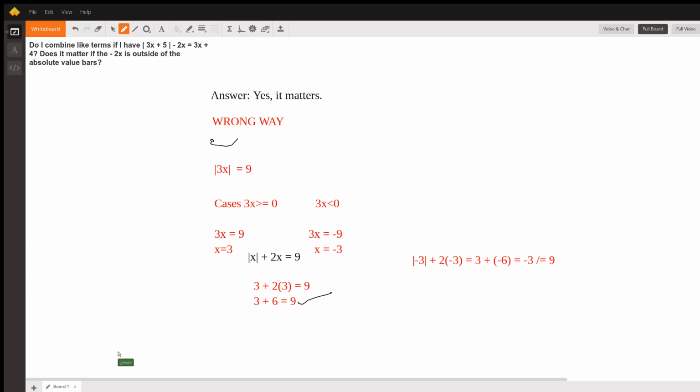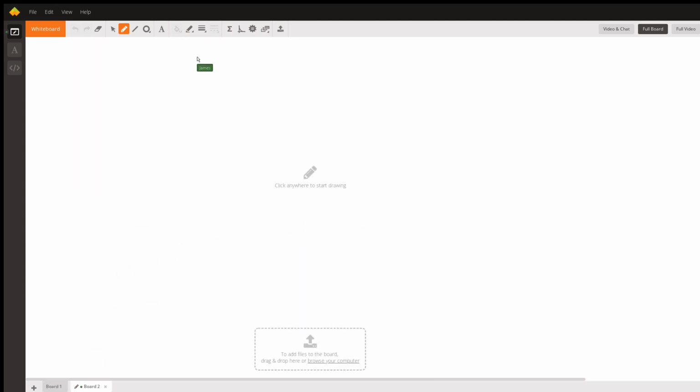Okay, now let's make another board, and we're going to do it the right way this time. So let's do the absolute value of x plus 2x equals 9. What we want to do is the absolute value needs to be by itself. We need to isolate the absolute value.